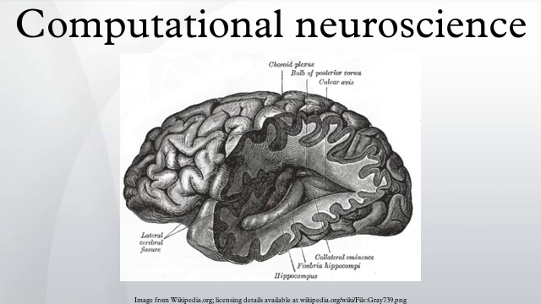Bialek, William, Rieke, Fred, de Ruyter van Steveninck, Rob and Warland, David, Spikes: Exploring the Neural Code. Cambridge, Massachusetts, MIT Press. ISBN 0-262-68108-0. De Schutter, Erik, Computational Neuroscience: Realistic Modeling for Experimentalists. Boca Raton, CRC. ISBN 0-8493-2068-2.